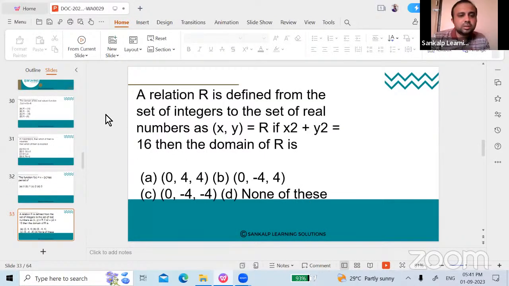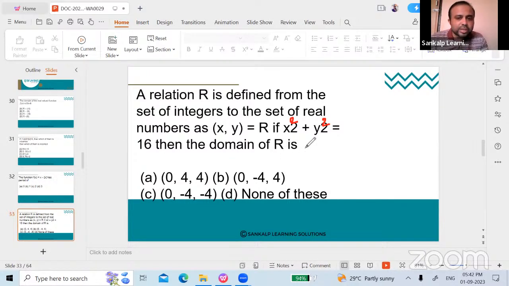Next question: a relation R from the set of integers to the set of real numbers is defined as (x, y) in R if x square plus y square is equal to 16. Then the domain of R is equal to what?